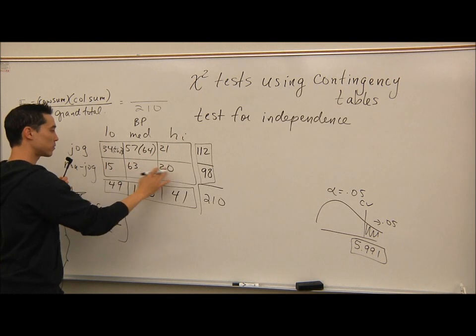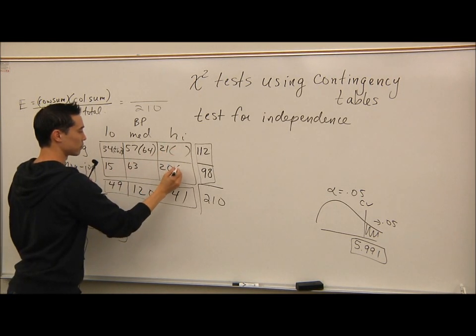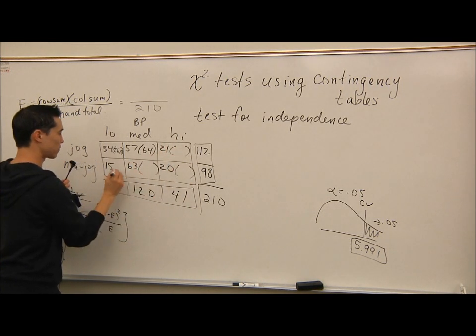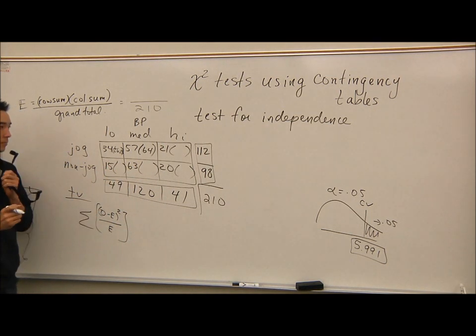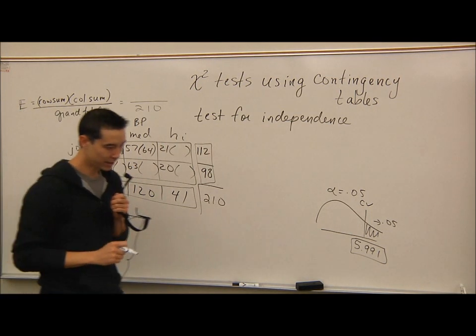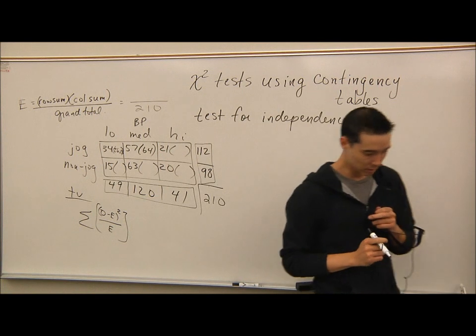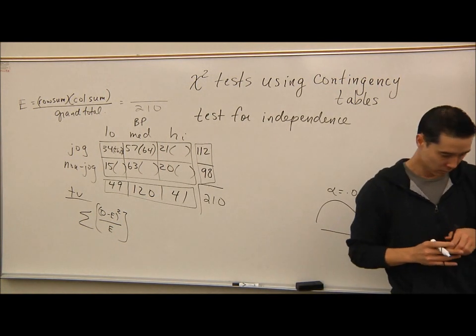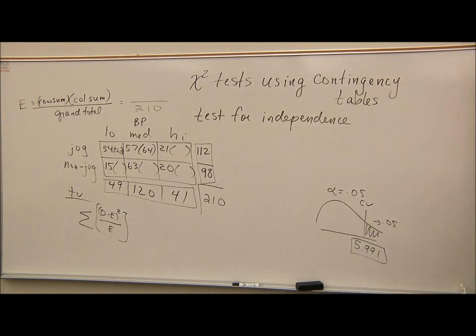Do this one, this one, this one, and this one. Spend a few minutes, find the expected value for each of those cells. It's just whatever row it's in, that sum, times whatever column it's in, that sum, divided by 210.